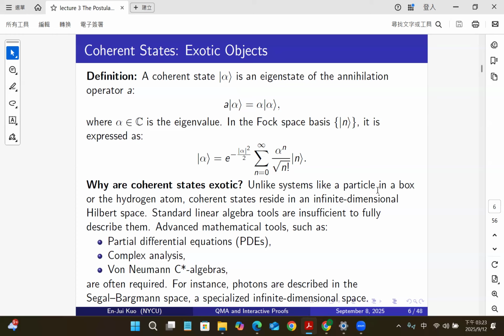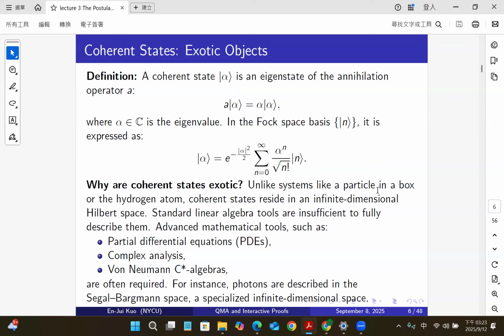So this is why even this simple harmonic oscillator has a very, very deep mathematical structure. You start with a simple harmonic oscillator, but you get a system with very exotic objects inside it.